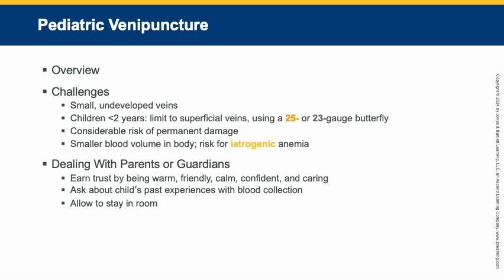So when you're collecting blood by venipuncture from infants and children, if they require a lot of blood and tests that can't normally be performed by skin puncture, they're going to have a venipuncture done. Venipuncture in kids under the age of 2 should be limited to superficial veins and not deep, hard to find veins.